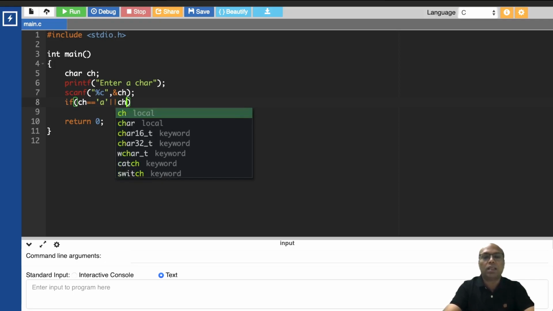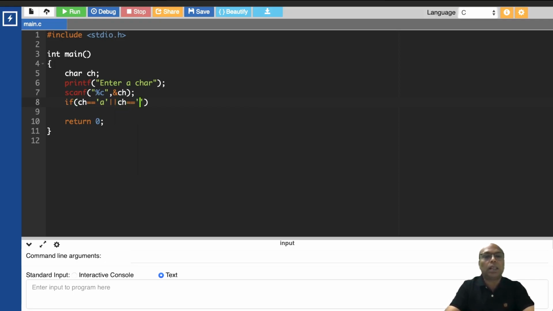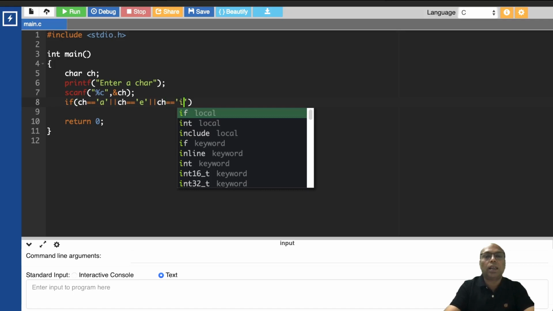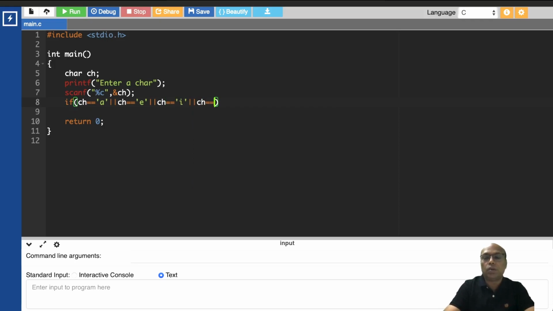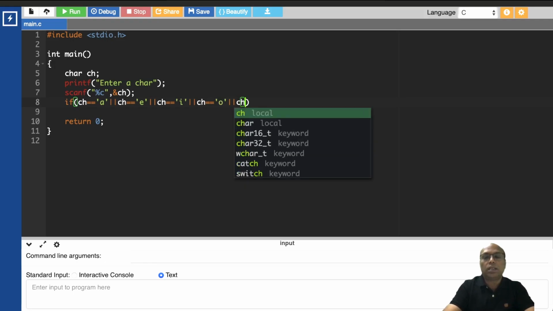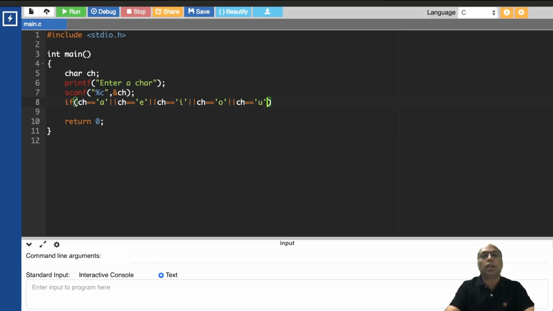Therefore I put CH is equal to E, or CH is equal to I, or CH is equal to O, or CH is equal to U. Done. In this case, printf vowel. Else, printf not a vowel. Correct?